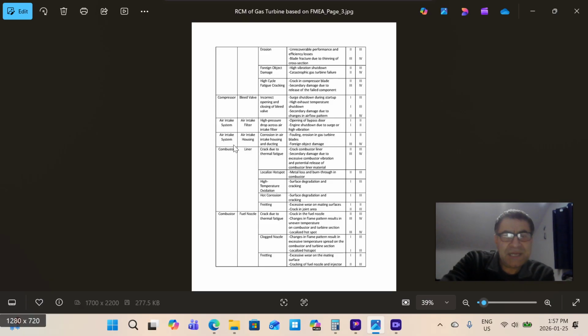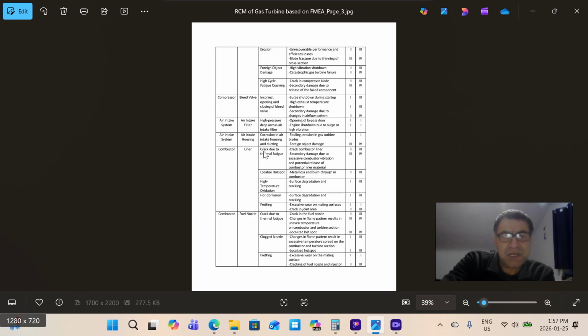Another main component is the air intake system. Subcomponent air intake filter, failure mode high pressure drop across the intake filter, and the effect is opening of the bypass door and engine shutdown due to surge and high vibration, and the probability is not that high.